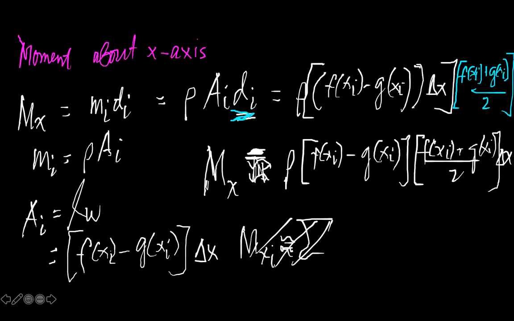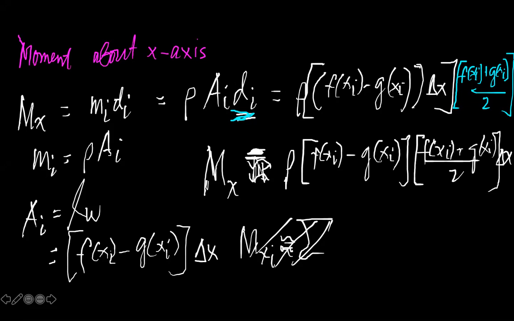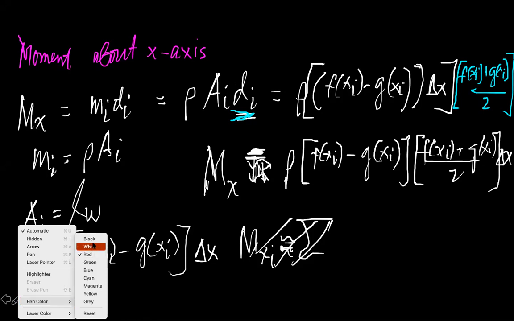Okay, again, let's move on to the next slide for us to write the formula for the moment about the x-axis, so it will not look as messy as the one I made here. Okay, so let's use white again. So the moment about the x-axis is approximately equal to the sum from 1 to n of all the moments, with the use of the rectangular representative that we drew in the lamina a while ago.